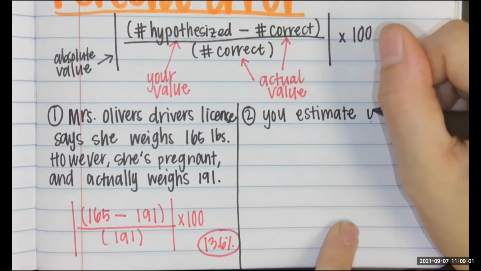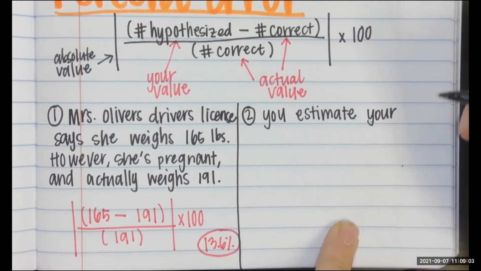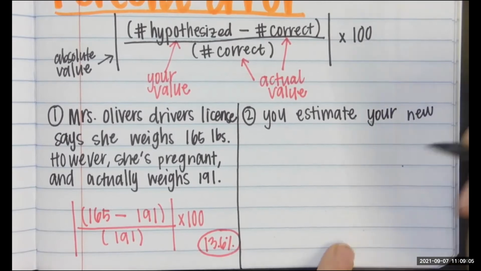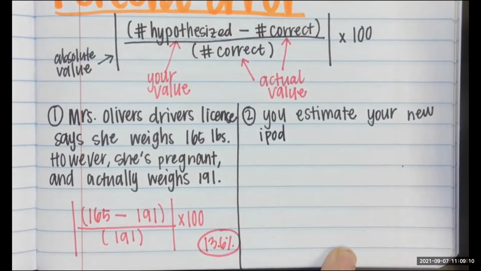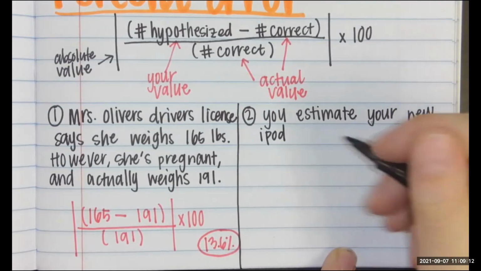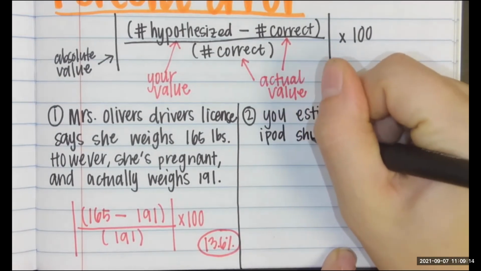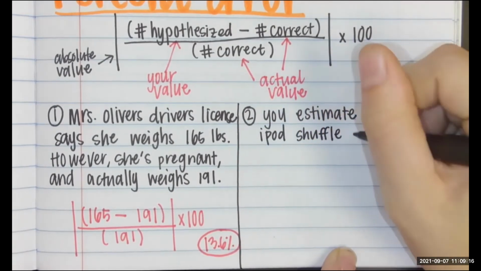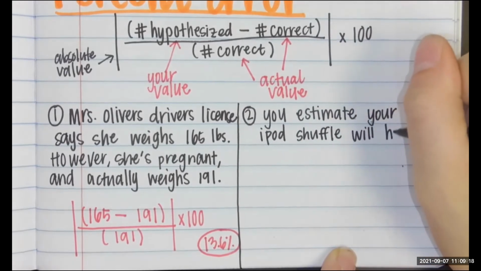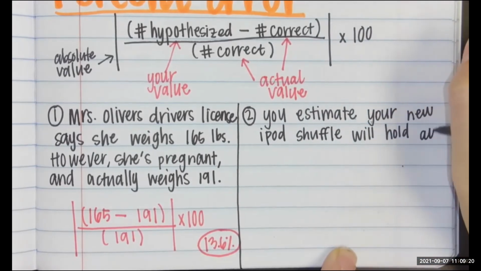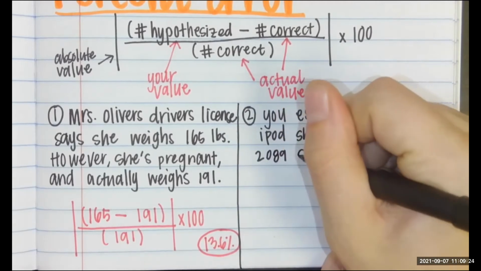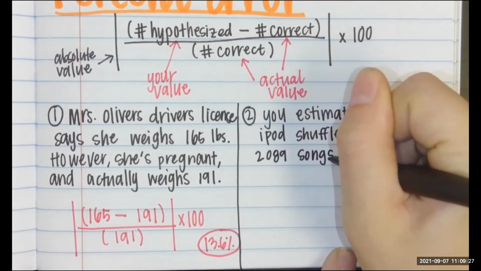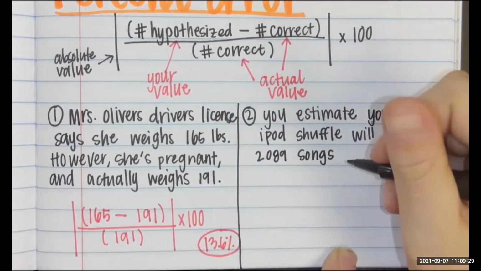But I remember I got an MP3 player, the little iPod shuffle thing, and you estimate your new iPod shuffle will hold all 2,089 songs that you have illegally downloaded. Oops.